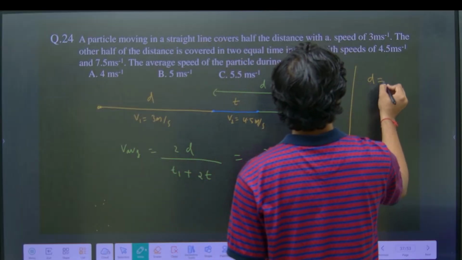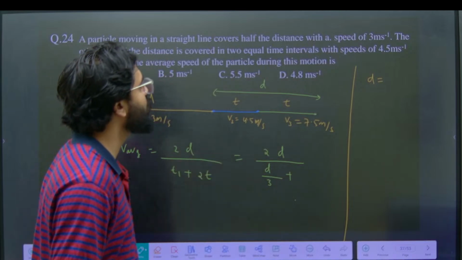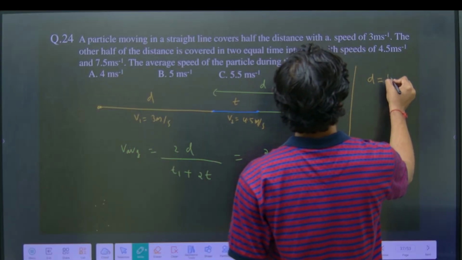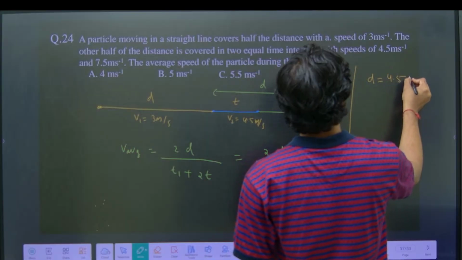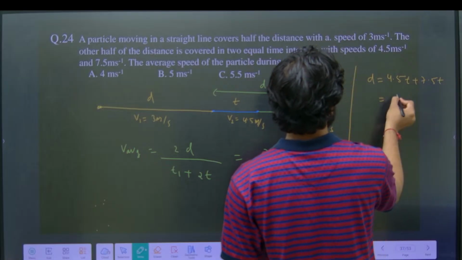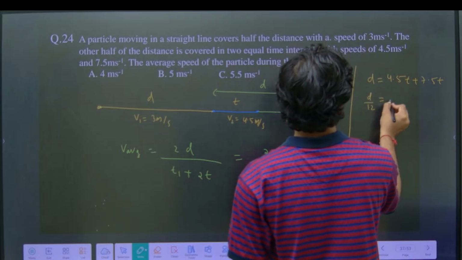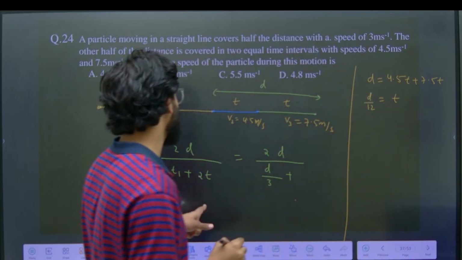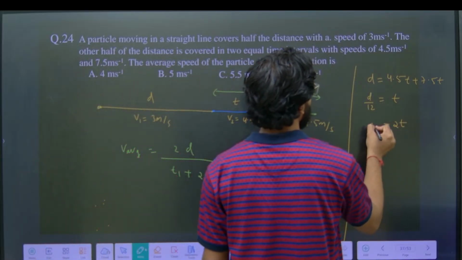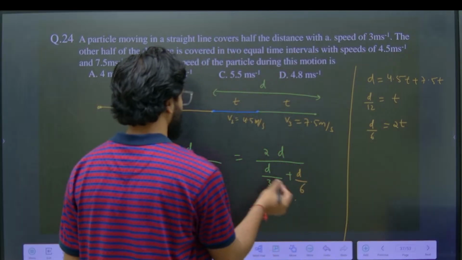The total distance that you are moving is D, and you are moving in two intervals, that is 4.5 into T plus 7.5 into T. So the answer over here is 12. So D upon 12 is T, but we do not have to calculate the value of T. We have to calculate the value of 2T. So 2T will be D by 6.